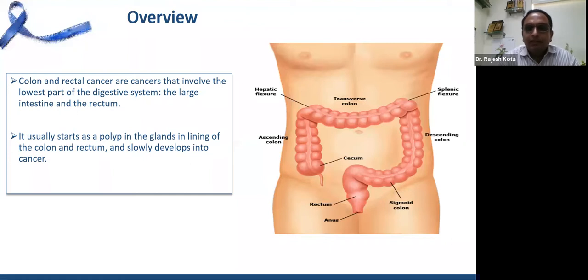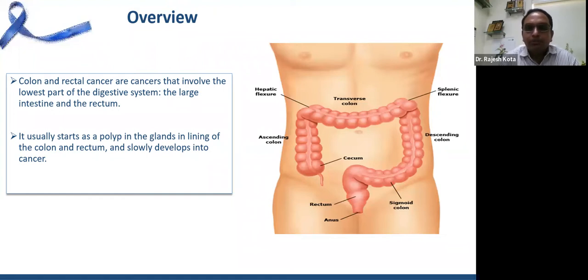The large intestine is divided into the ascending colon, transverse colon, descending colon or sigmoid colon, and then the rectum, which ultimately joins the anal canal. Among cancers of the GI system, the most common occur in the colon and the rectum.